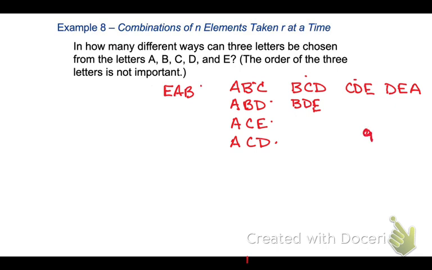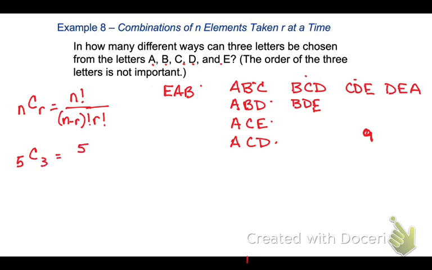Let's do the formula. Do you guys remember again? N choose R is N factorial over N minus R factorial, R factorial. So what's my N? 5. How many am I choosing? 3.